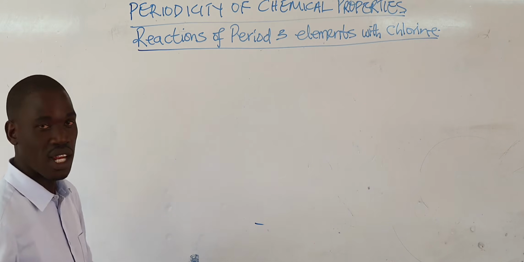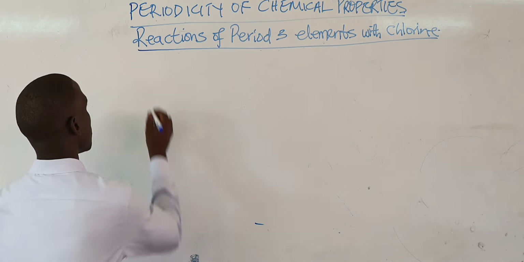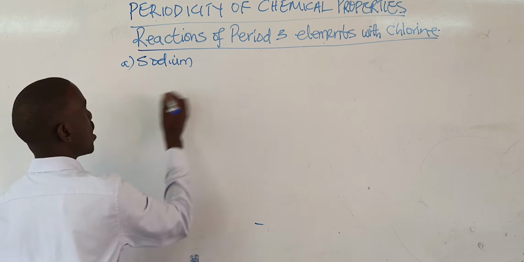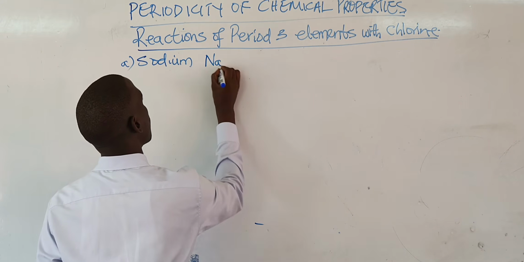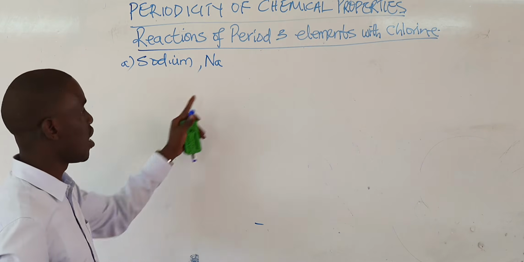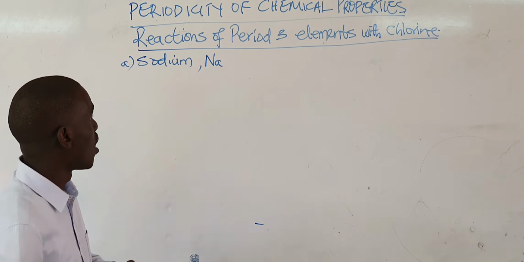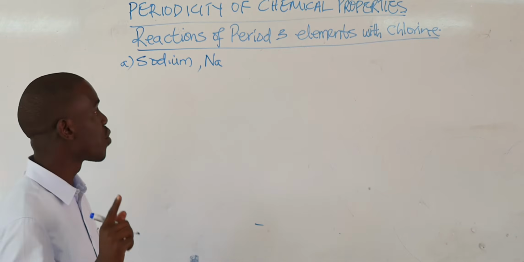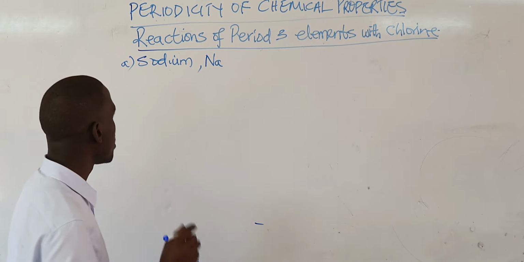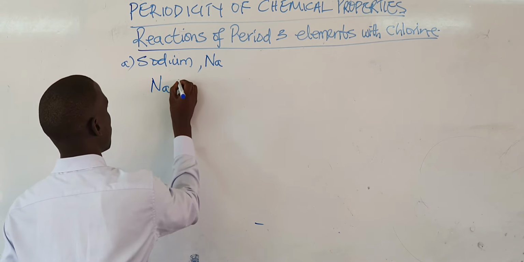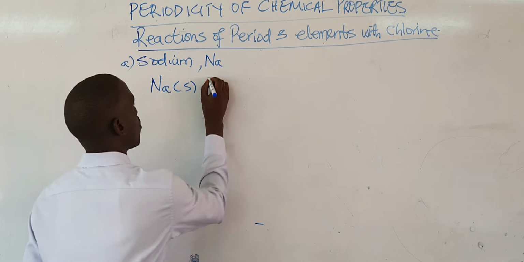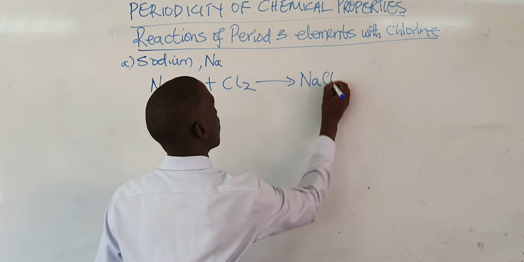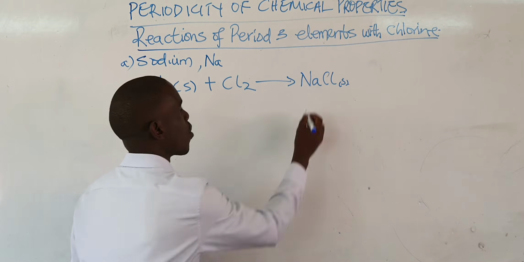The first period 3 element that we are looking at is sodium. The symbol is Na. Heated sodium reacts vigorously with chlorine to form sodium chloride.